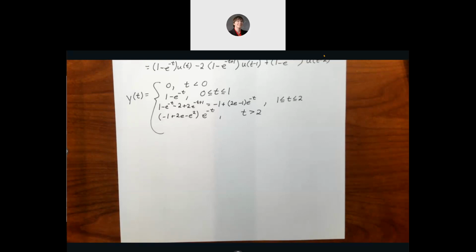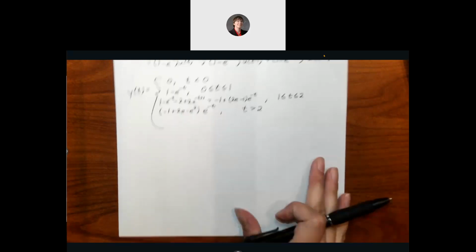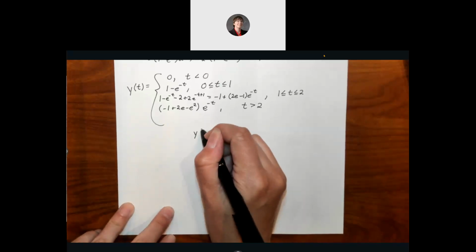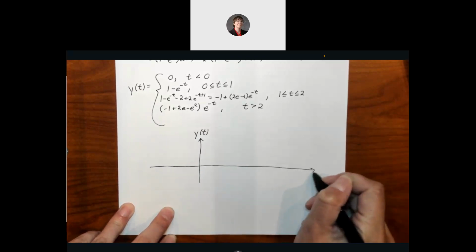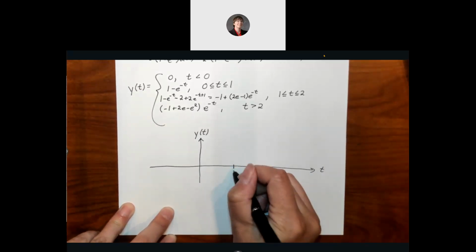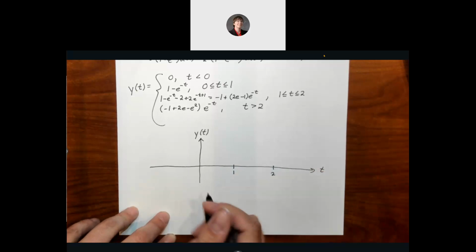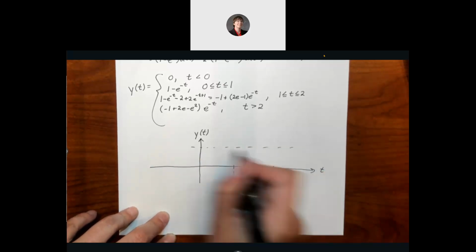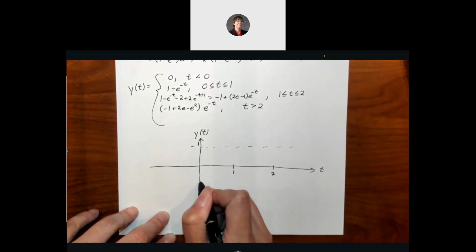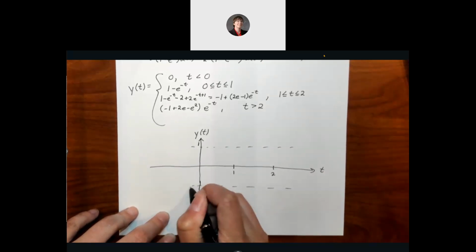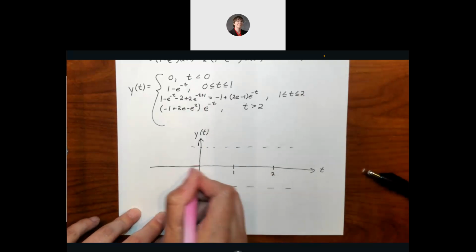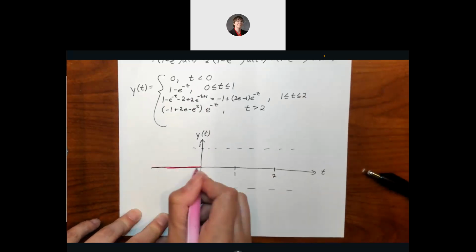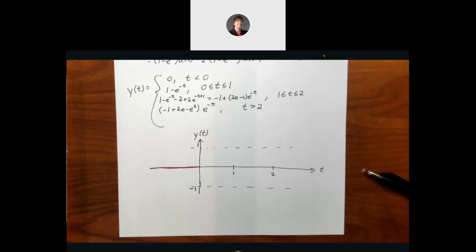All right, so it definitely would have been a very weird solution to try and get just solving the ODE directly. If you're interested, this is not going to be maybe the best sketch. Definitely not my forte. But it gives you a rough idea of what this would look like. So we're going to have 0 for t less than 0.